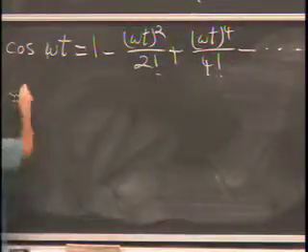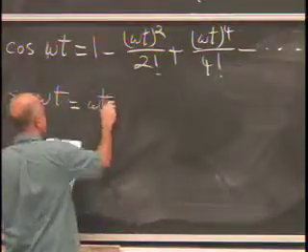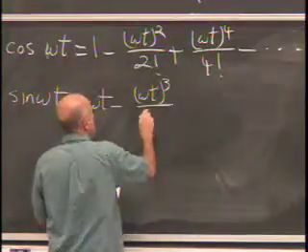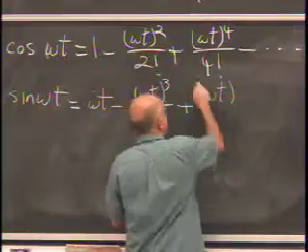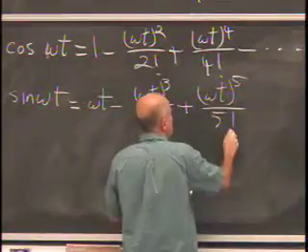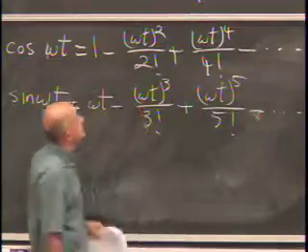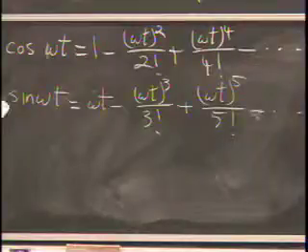And sine, which is omega t minus omega t cubed over 3 factorial, basically all the odd powers, plus omega t to the fifth over 5 factorial minus so on.